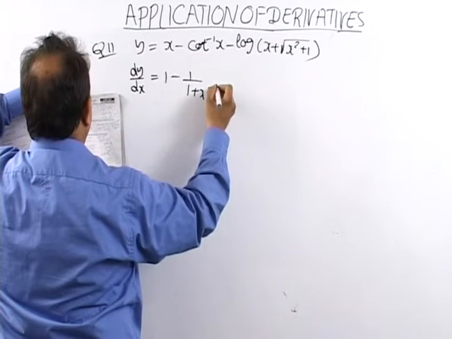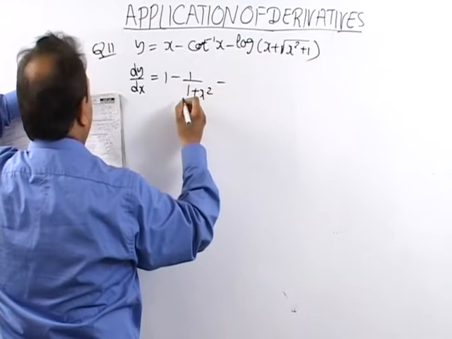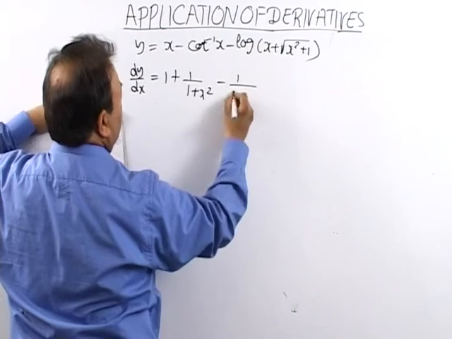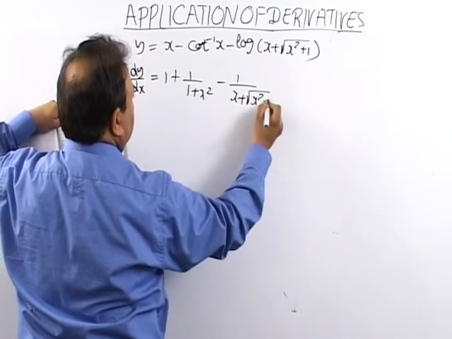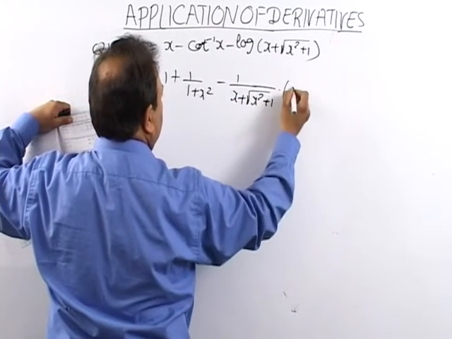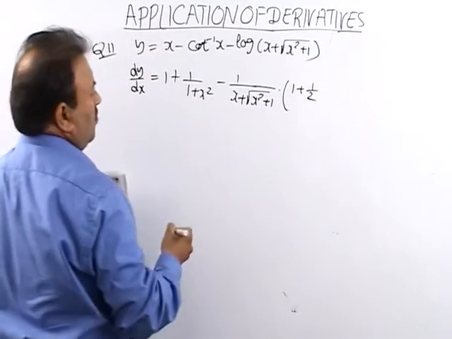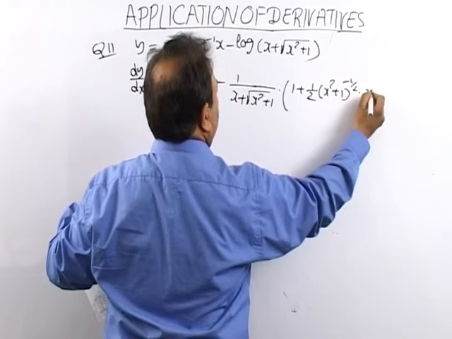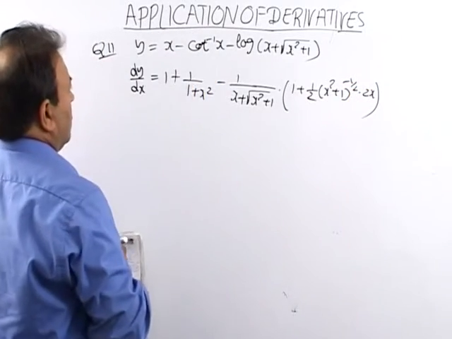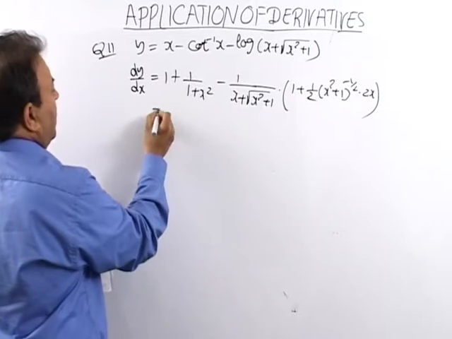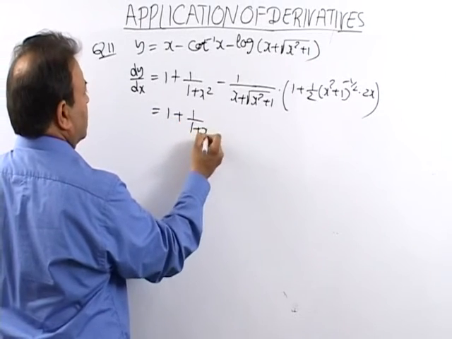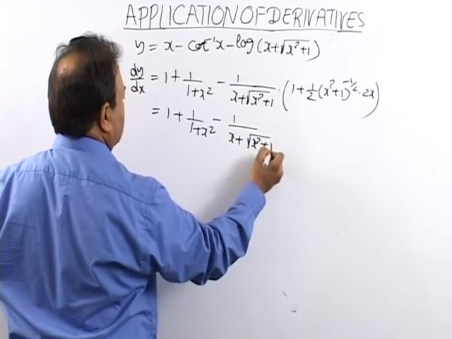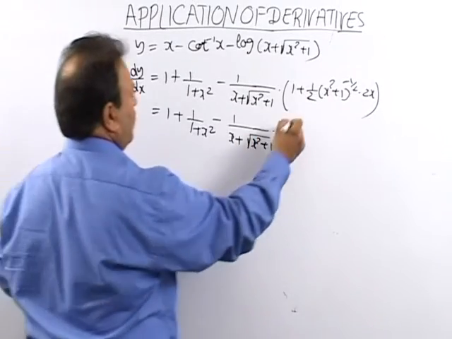Now the derivative of cot inverse x is minus 1 upon 1 plus x square, so it becomes plus. Then minus 1 upon x plus square root of x square plus 1, into 1 plus 1 by 2 into x square plus 1 to the power minus half into 2x. Now we proceed. It is 1 upon 1 plus x square minus 1 upon x plus square root of x square plus 1, into the 2 and 2 cancel out.